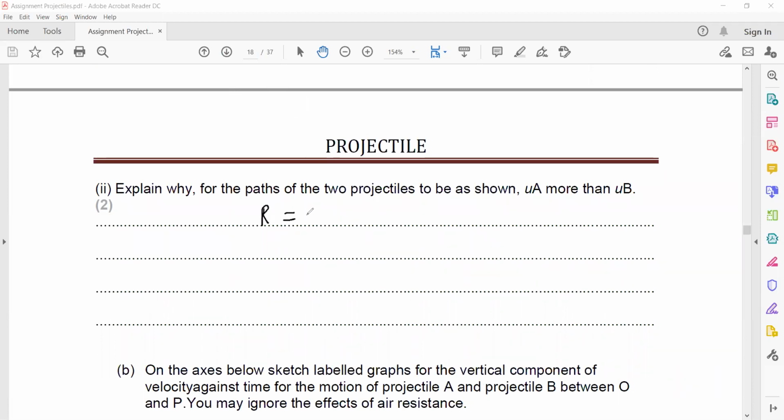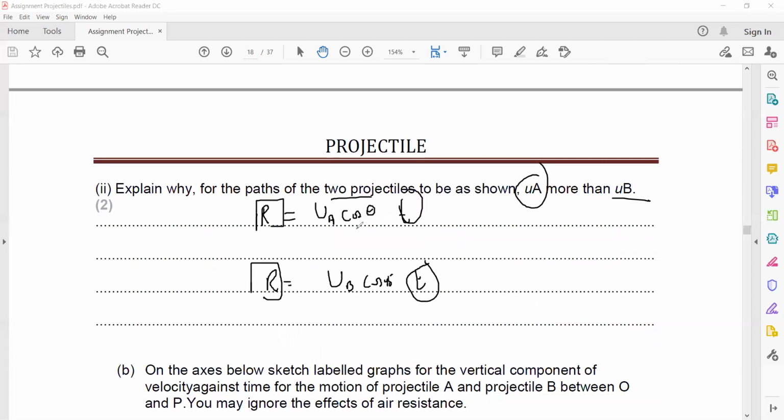Range is horizontal speed, so UA cos theta into T, and this one will be UB cos 45 into T. So why should UA be more than UB? We want them to have the same range, and the time interval is also the same.